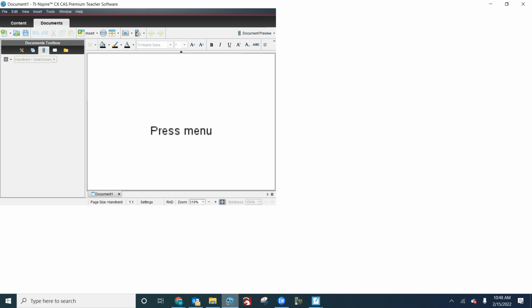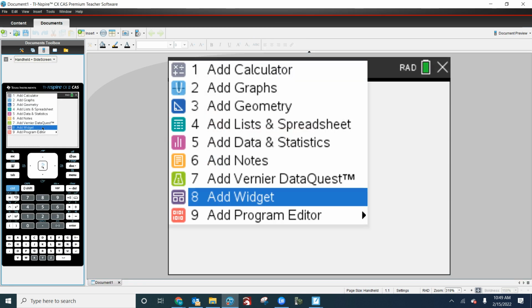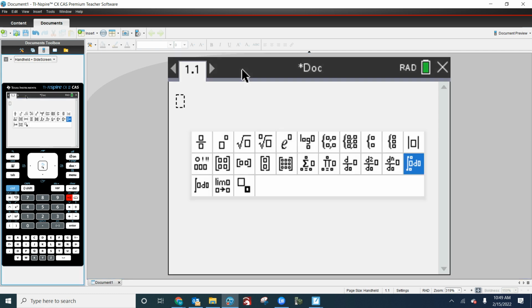It's the second row down. I believe it's on the far left side.